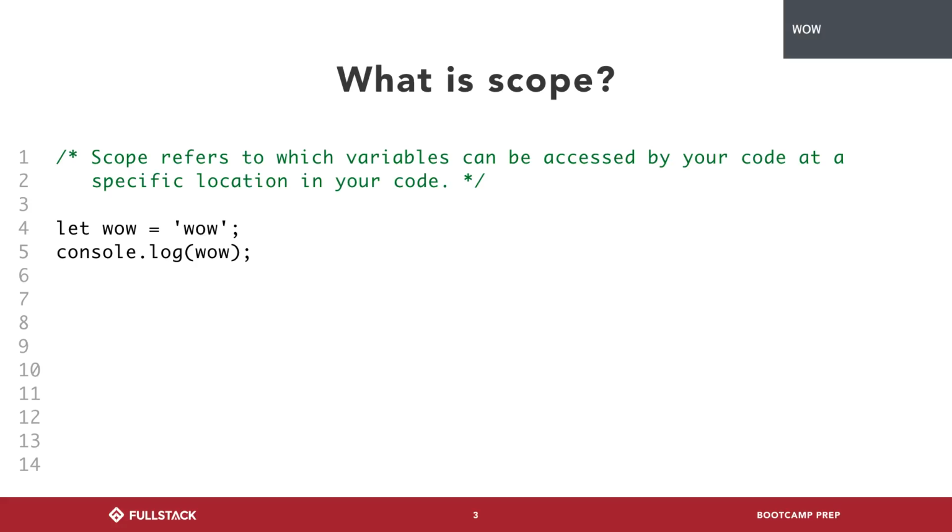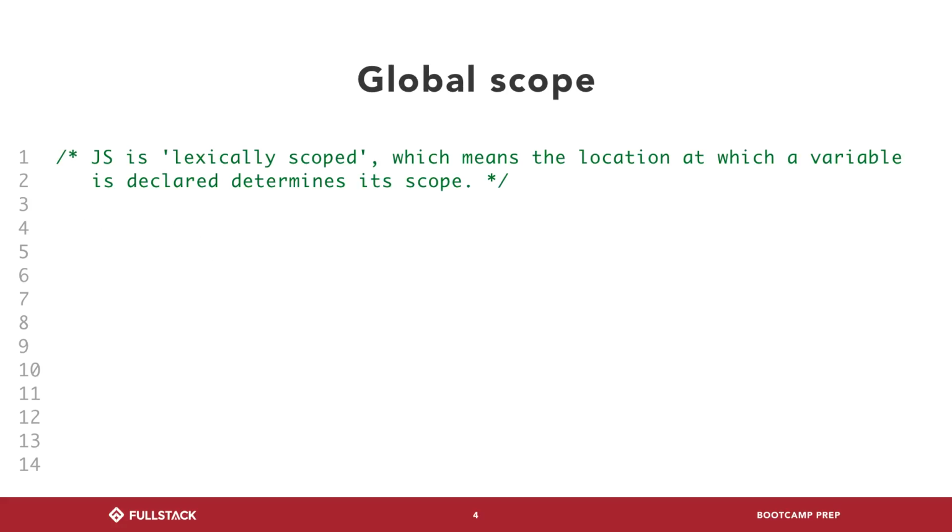So something that should be very straightforward now: I create a variable called wow, and I can console log it right away. There's no limitation here, because notice how on line 4 I create a variable, and on line 5 I'm using it. In this case, what we're talking about is the idea of a global scope. The global scope is the outermost layer.